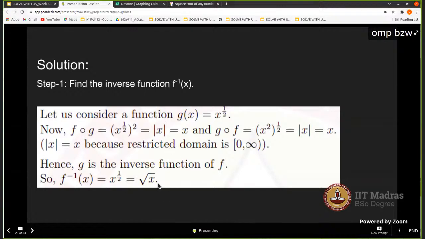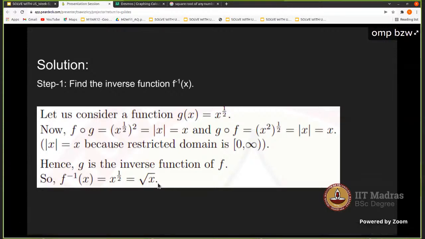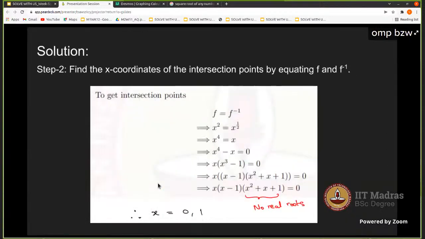Now I got f inverse of x and also I have f of x, which is x square. In order to find the intersection points, I just have to equate f and f inverse of x. So if I equate it, I will get x square equals x power half. If I simplify that, I will get x power 4 minus x equals 0.